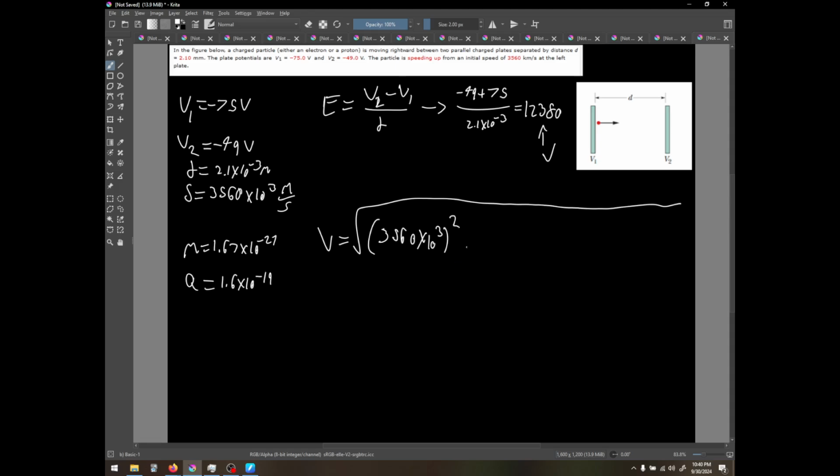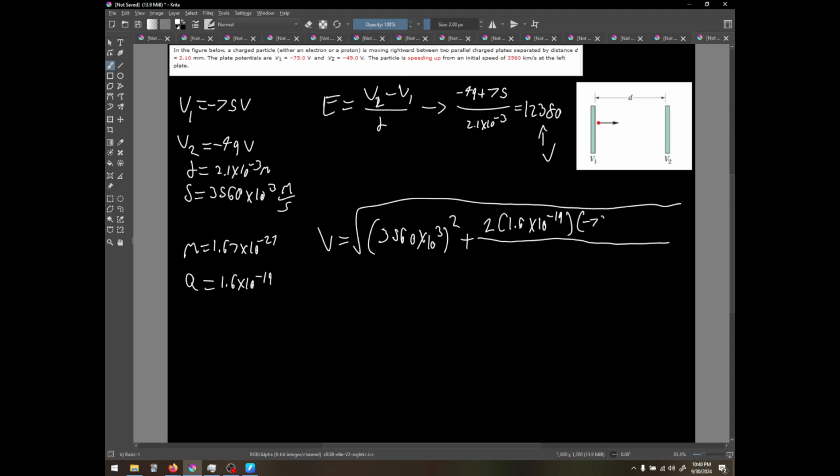Squared plus 2 times 1.6 times 10 to the negative 19th. And then what is this, V1 minus V2?